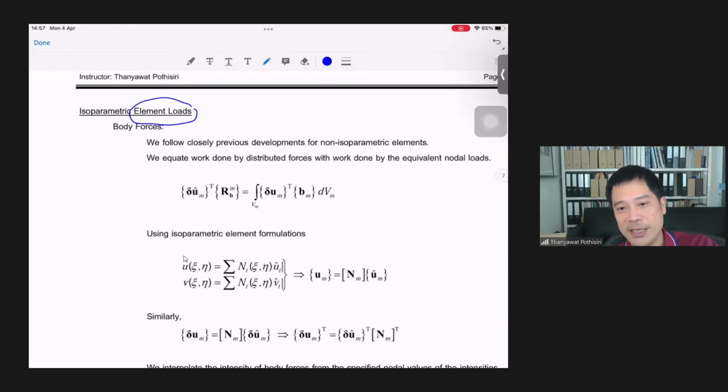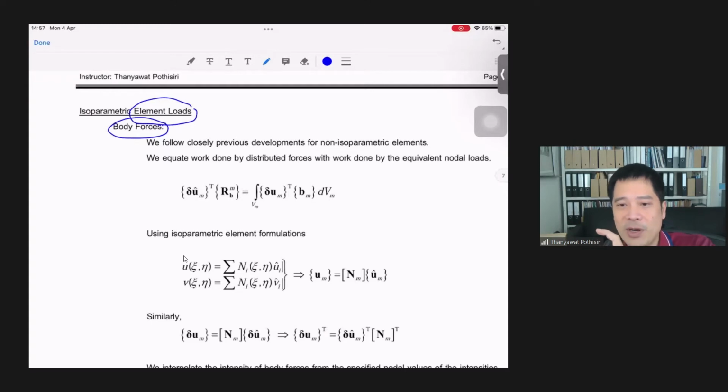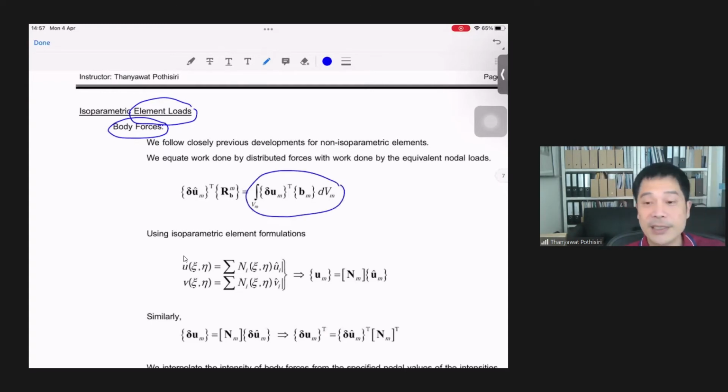We look at each term inside our virtual work equation, and we see the external virtual work computed from the element loads. In this case, we start by looking at the body force. The virtual work computed based on the body force is this term right here.